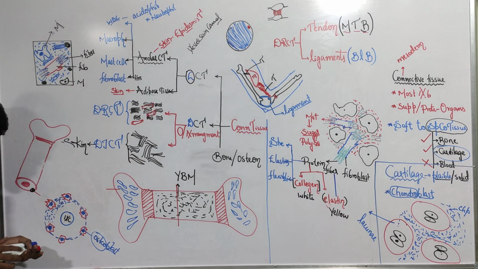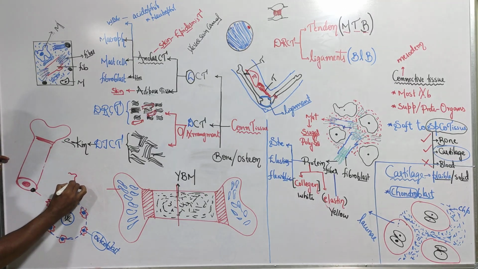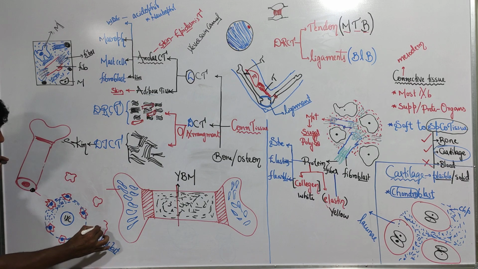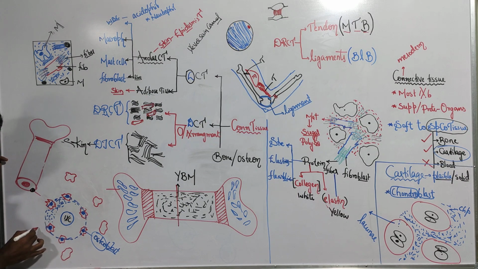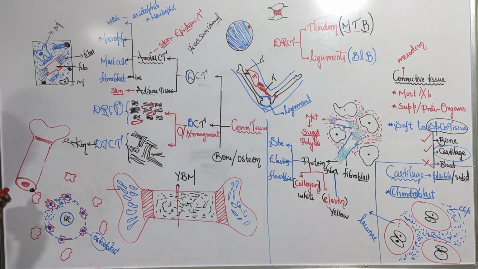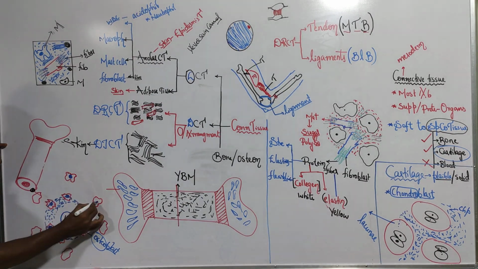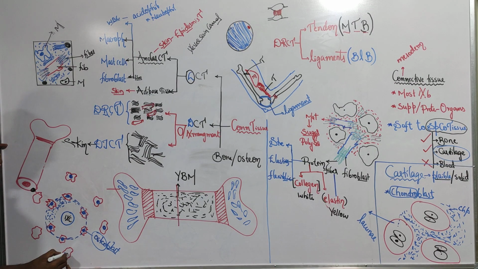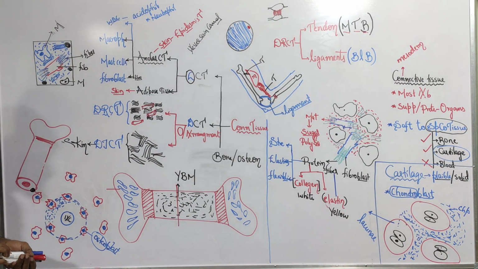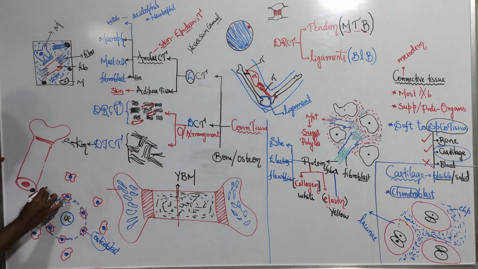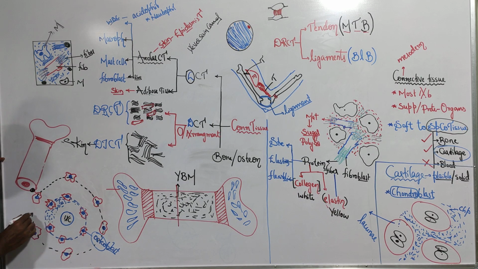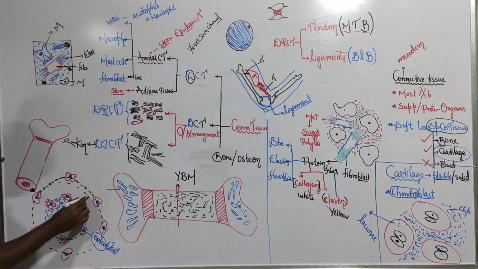And once again here there is one more lacunae, and one more, and one more, and each lacunae contains a cell. What cell? Osteocyte, and osteocyte, and osteocyte. And these osteocytes are secreting the protein matrix in this manner.